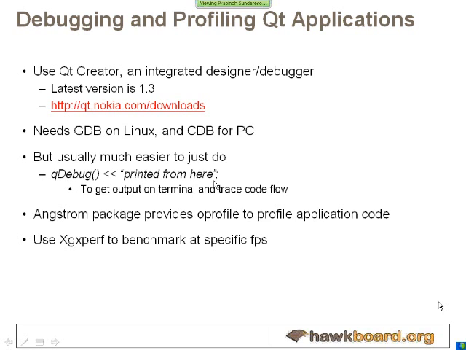This class prints out on the terminal all the messages that you want to print from various places. The Arago package also provides OProfile, which is already compiled as part of the distribution, to profile the application code. And you can use the Xgxperf toolkit to benchmark your user interface components running at specific frames per second.